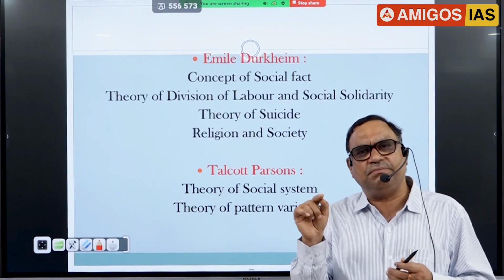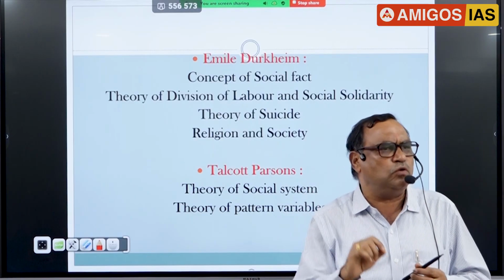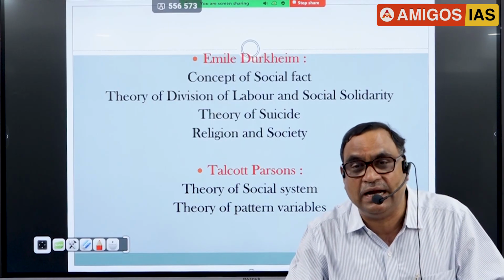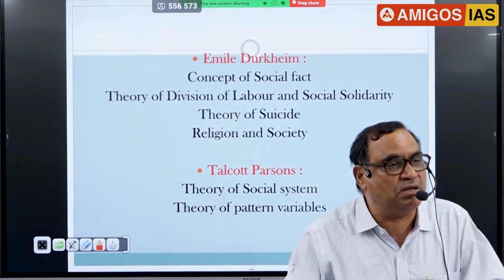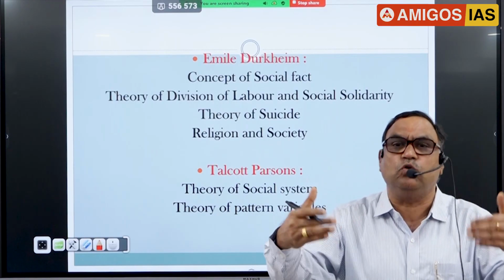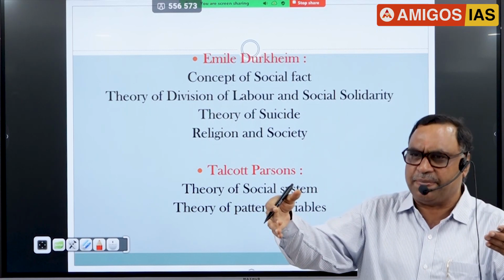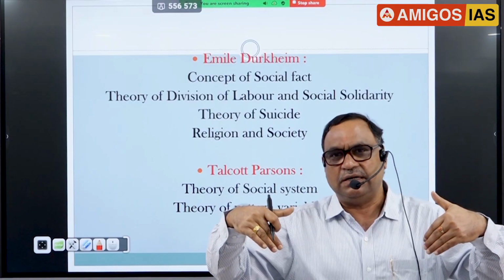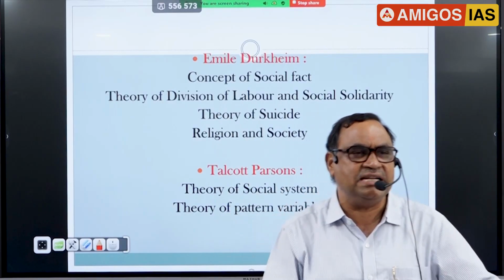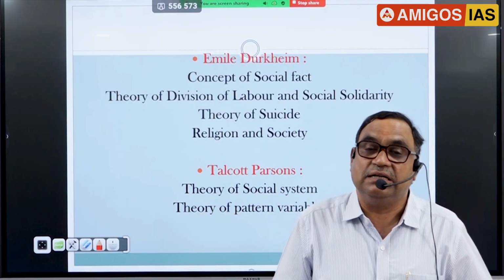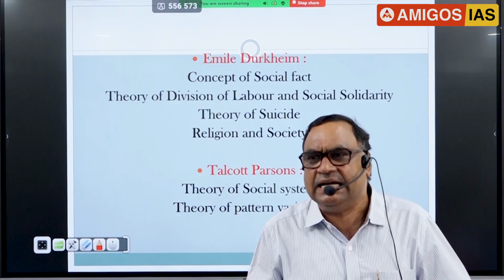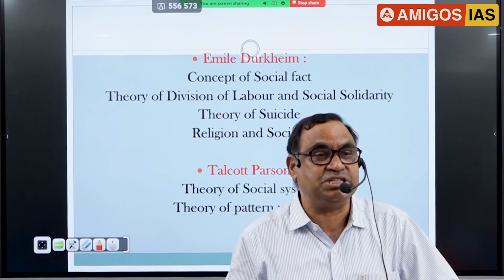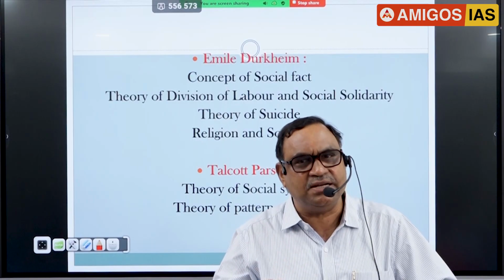In fact, Emile Durkheim was one of the founders of sociology, and it was Emile Durkheim who established a positivist methodology. He argued that the scientific methodology which is used in natural sciences can be applied to the study of social phenomena, and by applying that methodology, he established a theory called the theory of suicide, which is applicable to even contemporary society.